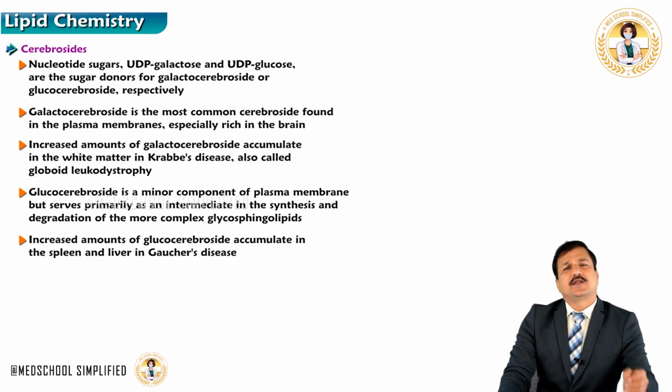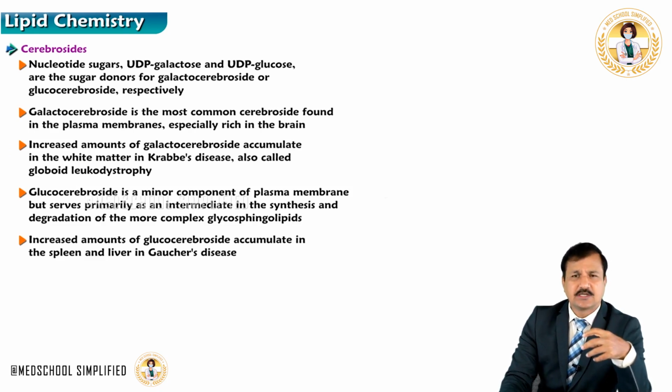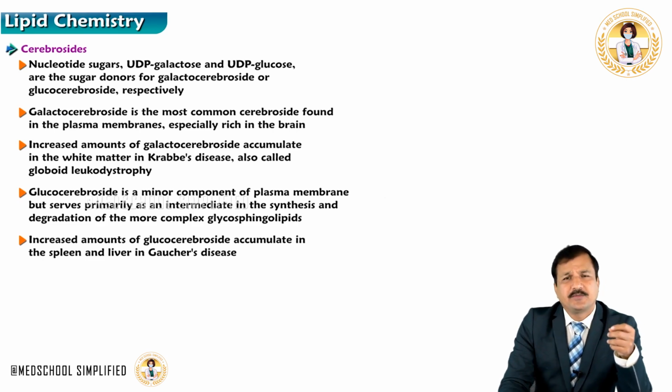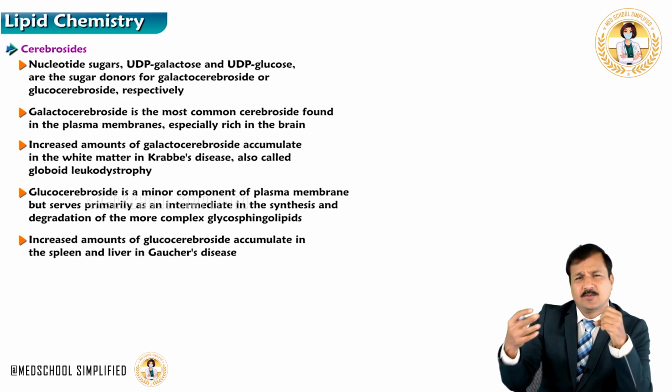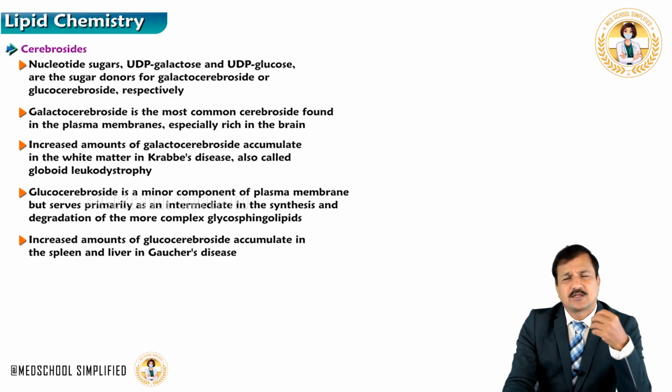Now note that nucleotide sugars, that is UDP glucose, UDP galactose, are the molecules that enter into the formation of cerebrosides, because the ceramide is the basic structure and the monosaccharide is going into the reaction. So always remember, the monosaccharides or the modified sugars all enter into reactions in their nucleotide form.